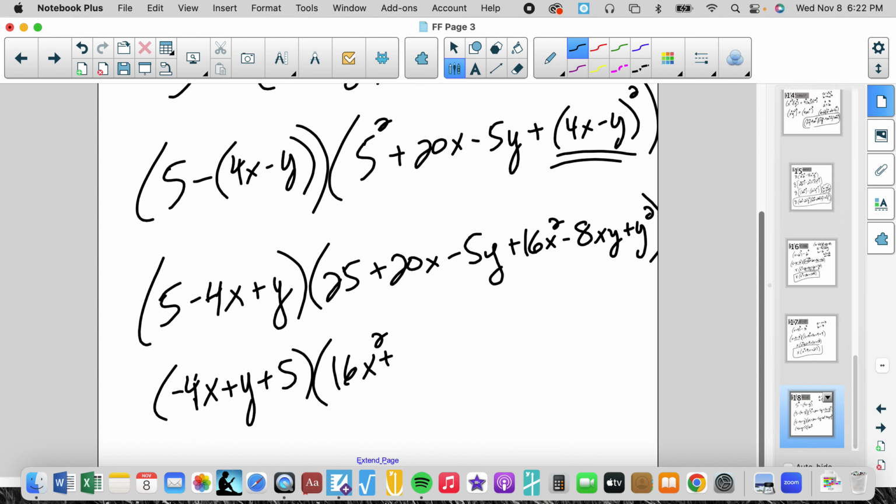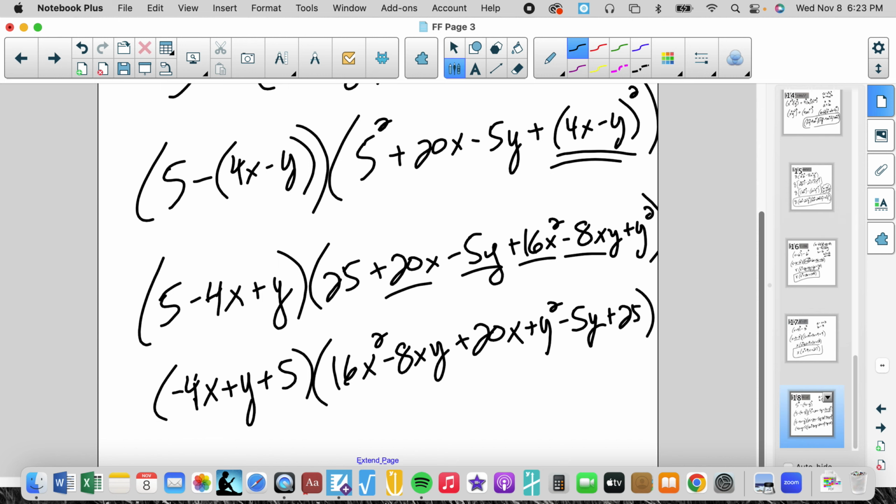Plus, nope. Oh, that's good. Question, what comes first? I'm going to do minus 8xy, and then I'm going to do plus 20x. So I've done this, I've done that. Then comes y squared, alphabetical, then negative 5y, and then plus 25.